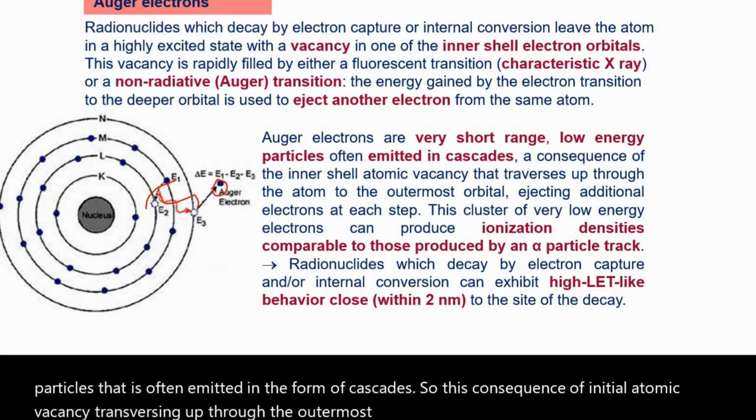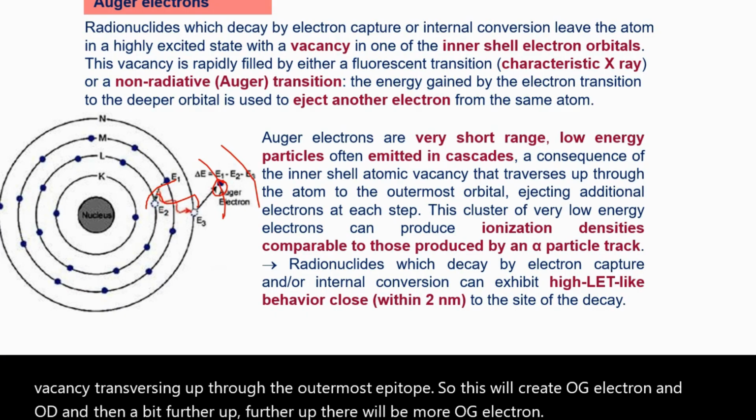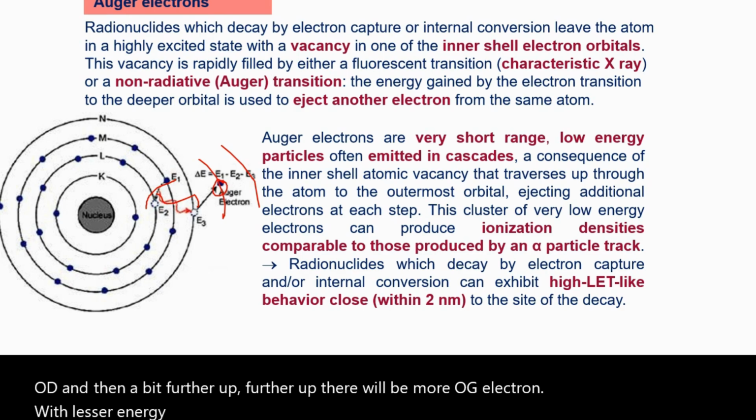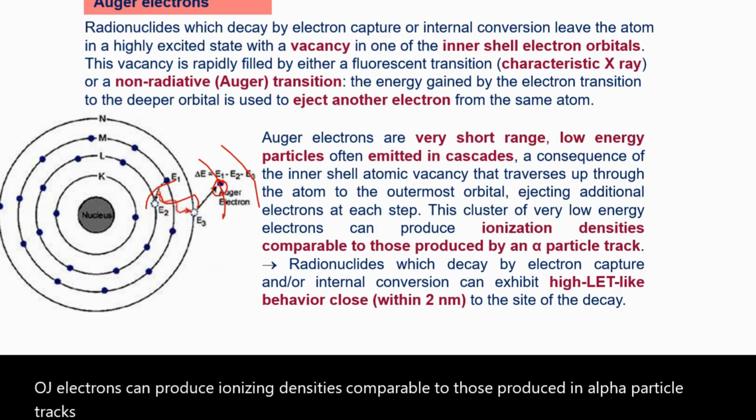This will create an Auger electron, and then as it goes further up, there will be more Auger electrons with lesser energy emitted out of this atom. The cluster of very low energy Auger electrons can produce ionizing densities comparable to those produced in an alpha particle track. So that is the direct comparison.